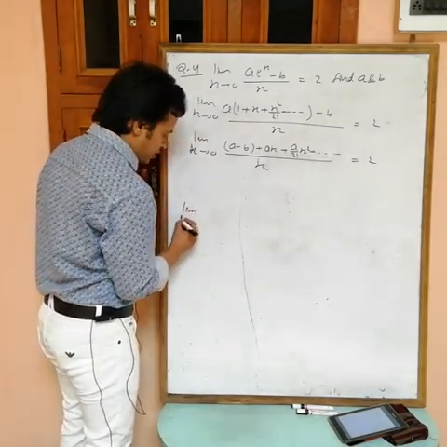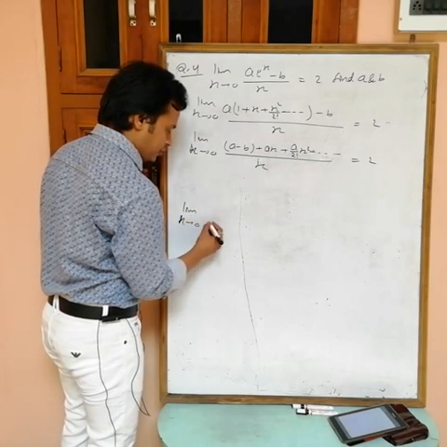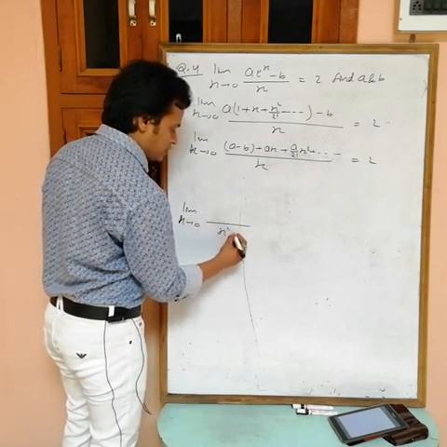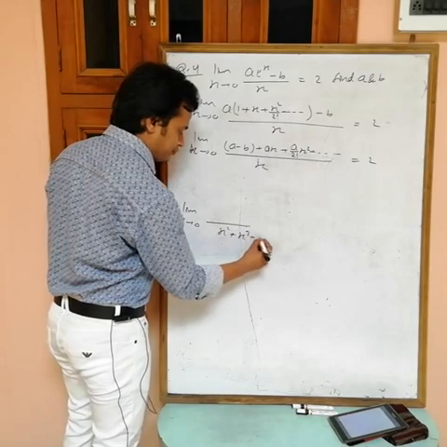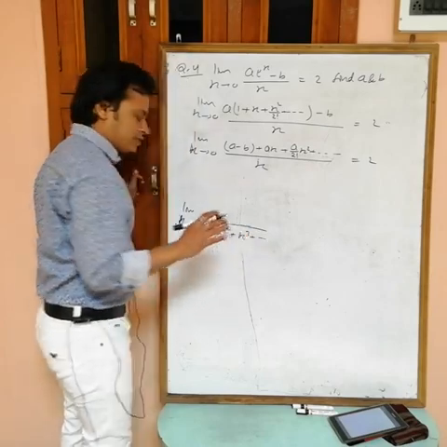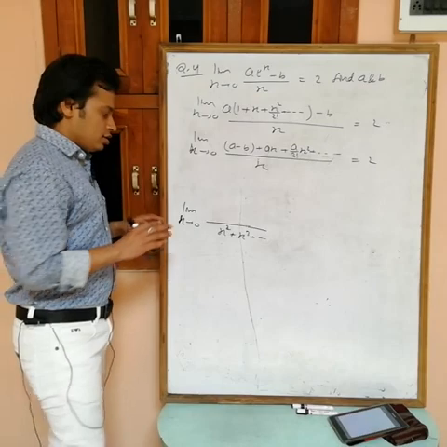Suppose I have limit x tending to 0, and in the denominator we have x square plus x cube. I am taking an example first.